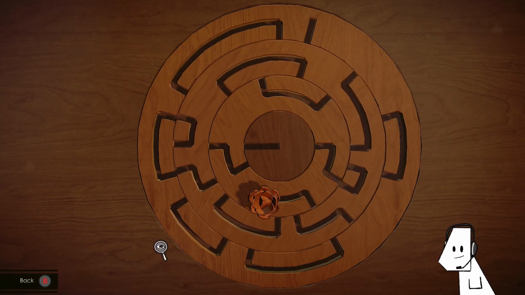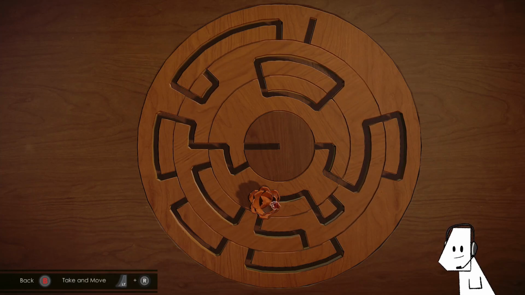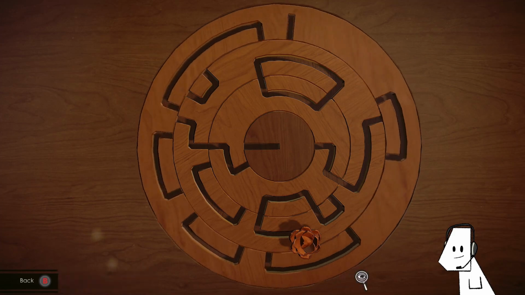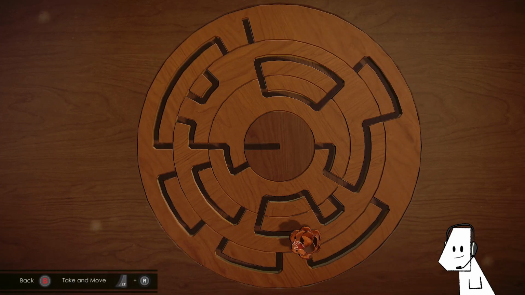No, it's not. So let's move that down. Down. There we go. No. It's like, literally, I don't want to go that way. It's got a mind of its own.